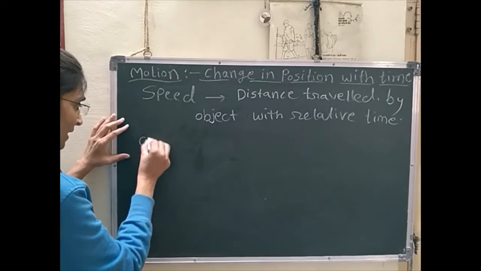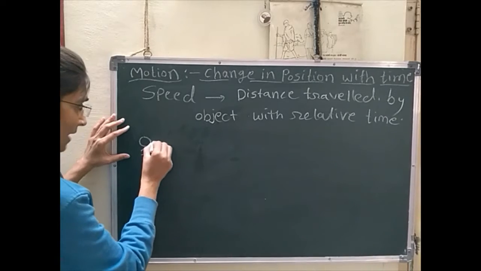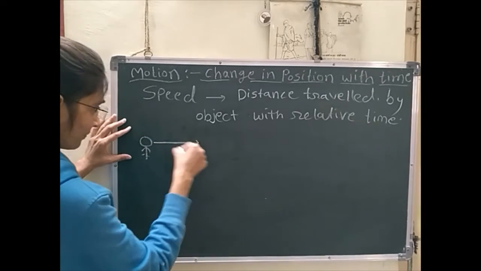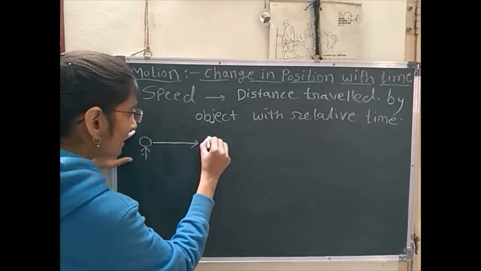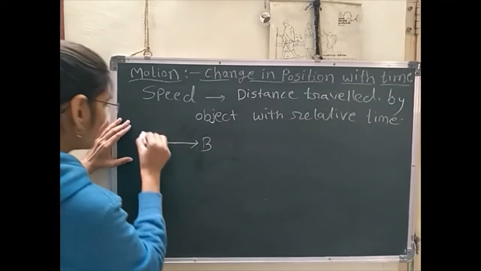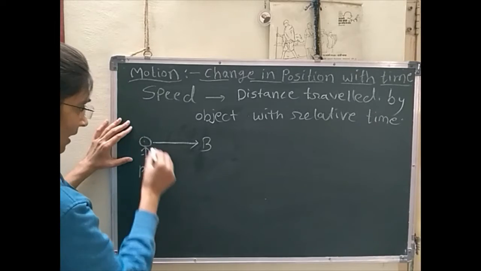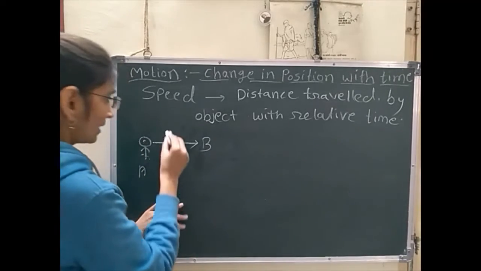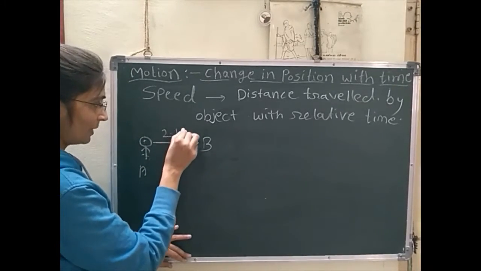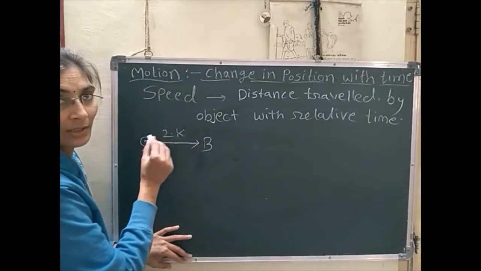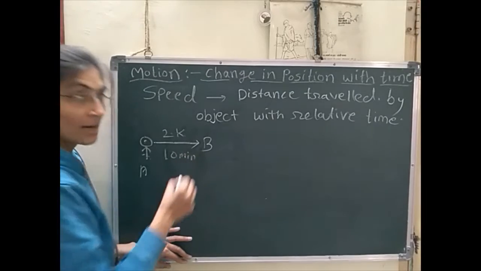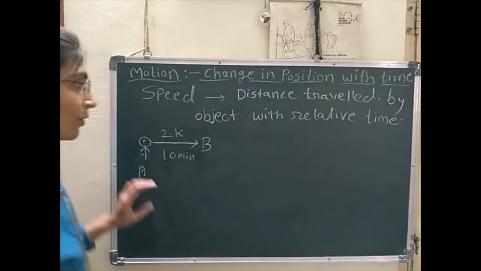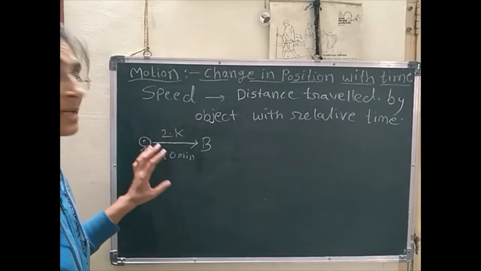Suppose there is one object and it is traveling from point A to point B. Suppose that distance is 2 kilometers and the time duration is 10 minutes. So what is its speed?